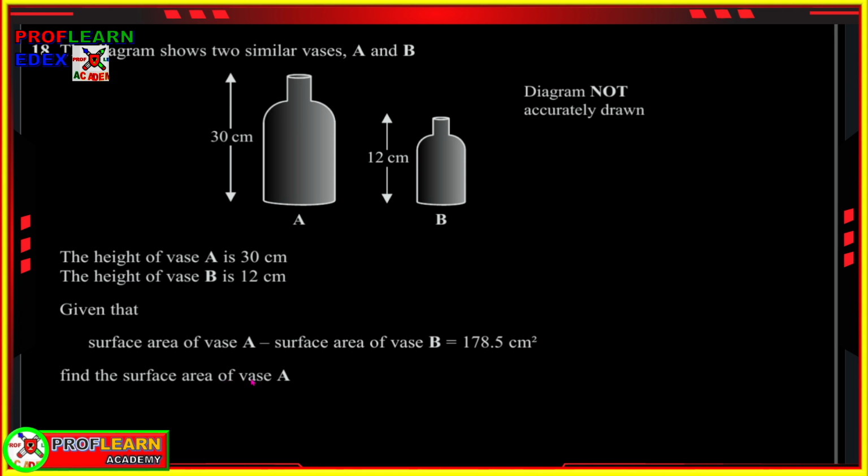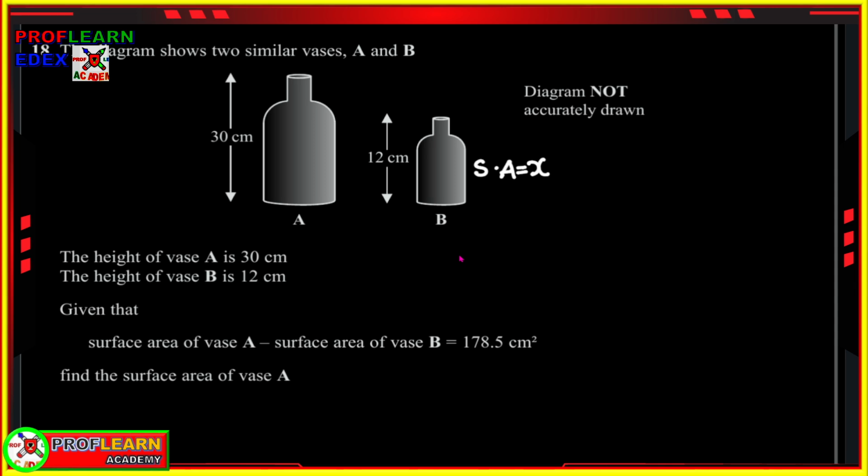Find the surface area of A. Now, let me say the surface area of the smaller one, let me call it X, for simplicity.